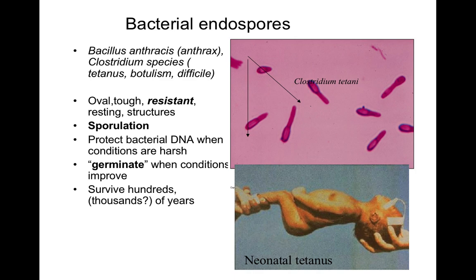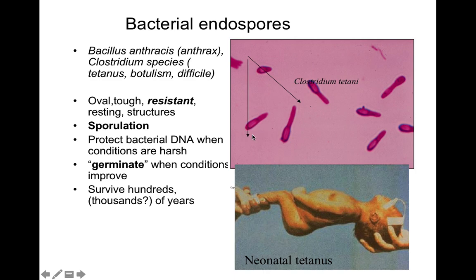And for reasons that I'm not sure we totally understand, the composition of the endospore permits the endospore to remain infectious in the environment for decades, centuries, some people say thousands of years. So what will happen eventually is when the environmental conditions get bad, let's say all the water dries up, there's no food, the metabolically active bacterium will die, it'll break open, lyse, and it will release the endospore into the environment.